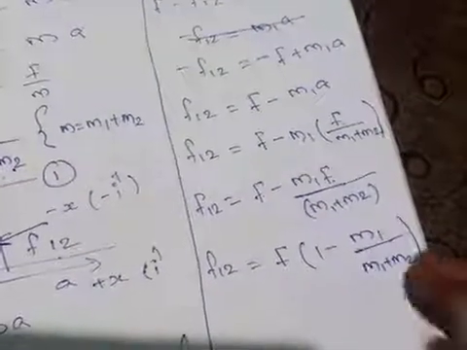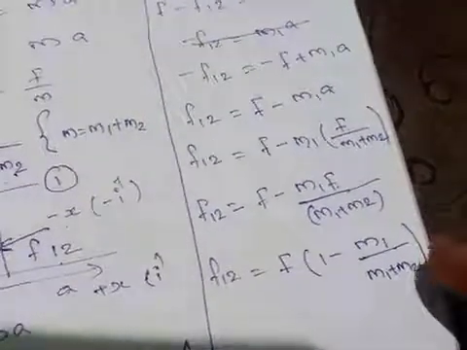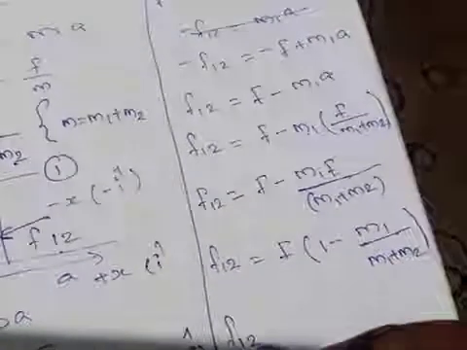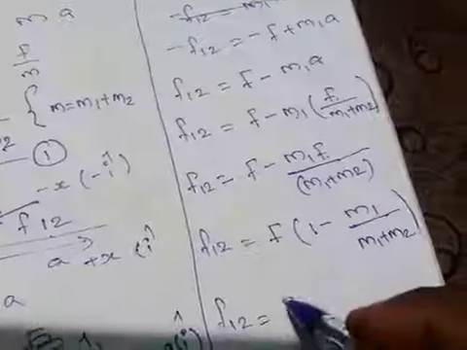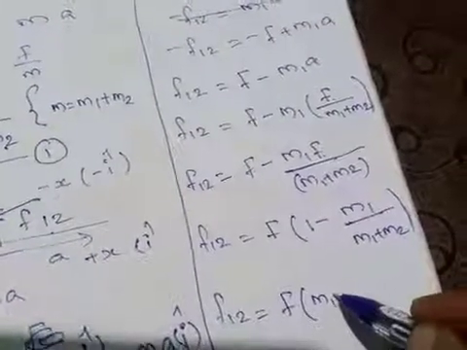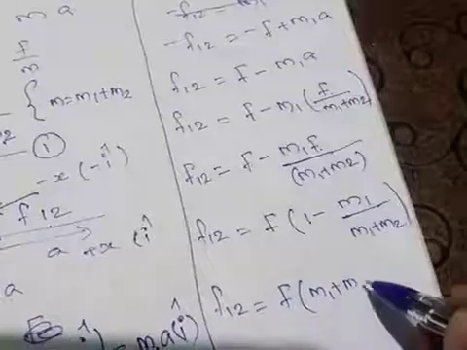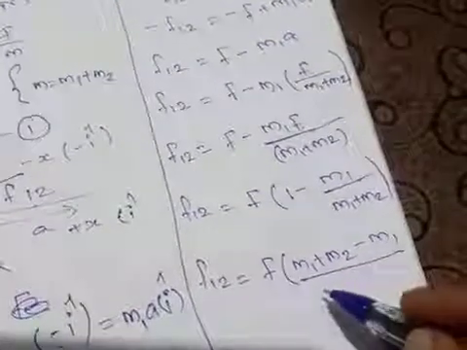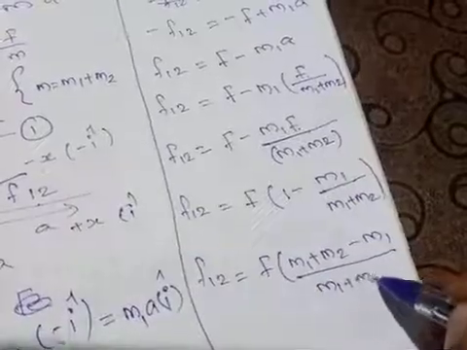Now M1 plus M2 is the LCM, so substitute. F12 is equal to F into M1 plus M2 minus M1 divided by M1 plus M2.